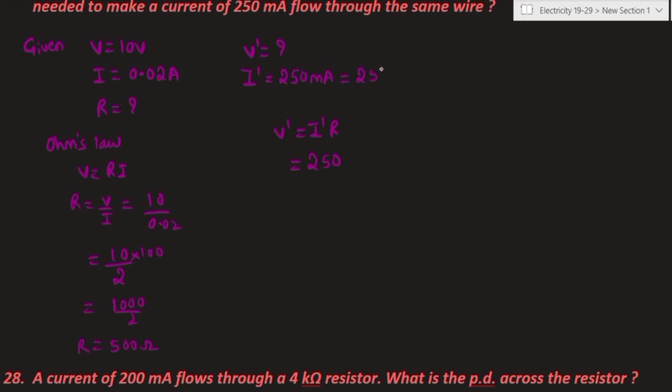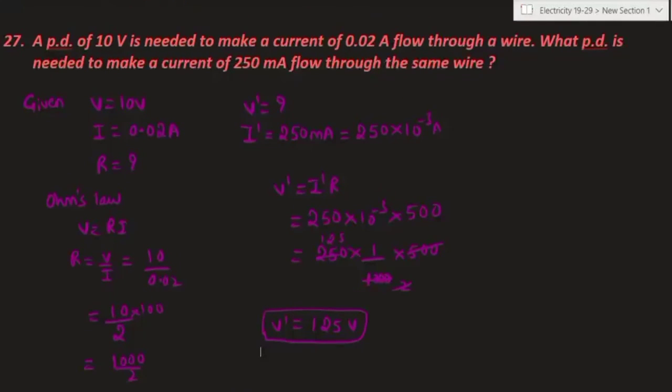You know 1 milli is 10 to the power minus 3, which we had already discussed. So 250 into 10 to the power minus 3 into R, which is 500. Here 10 to the power minus 3 becomes 10 to the power 3 when divided, that is 1000, so 250 into 500 divided by 1000 gives 125 volt. 125 volt is the new potential difference.